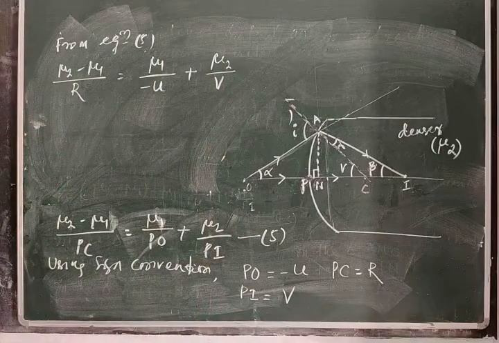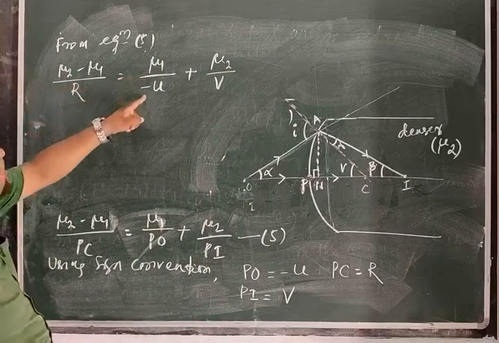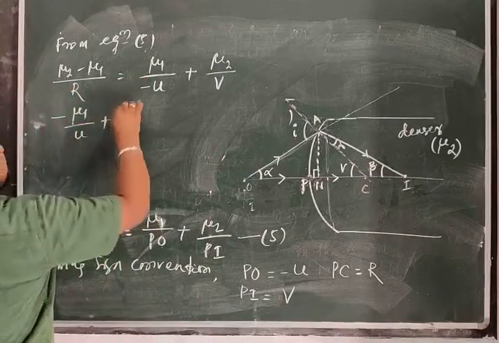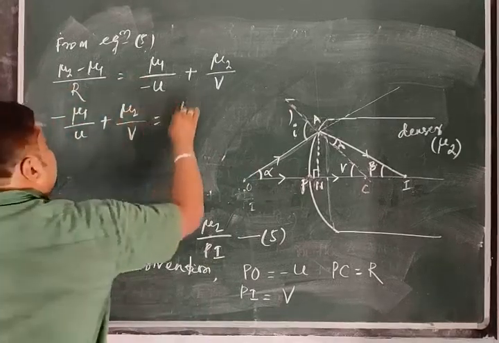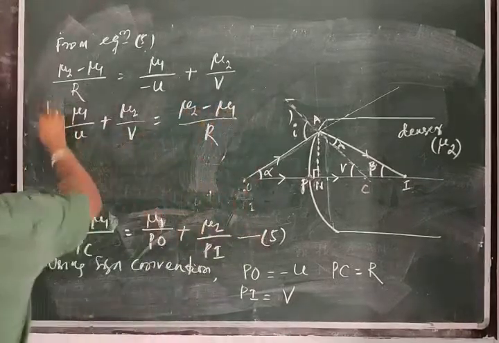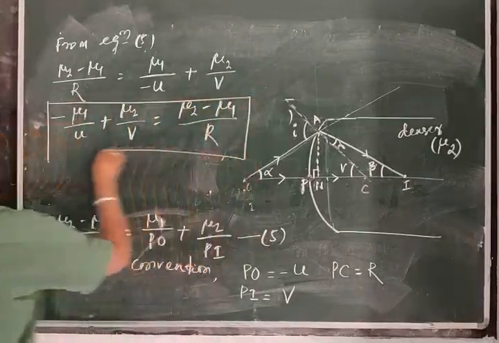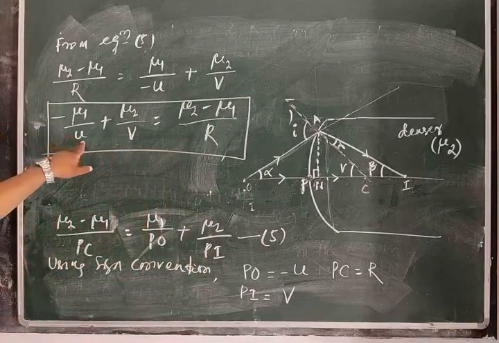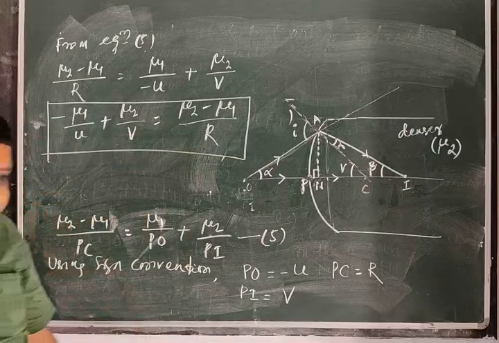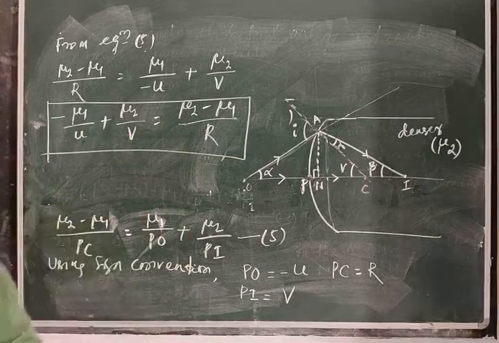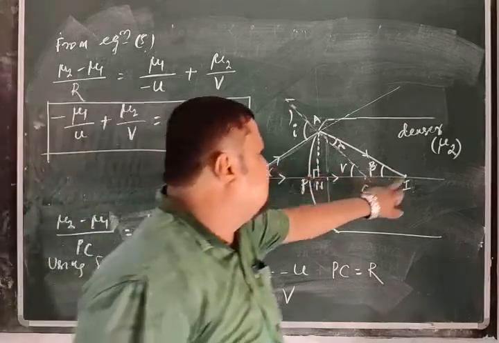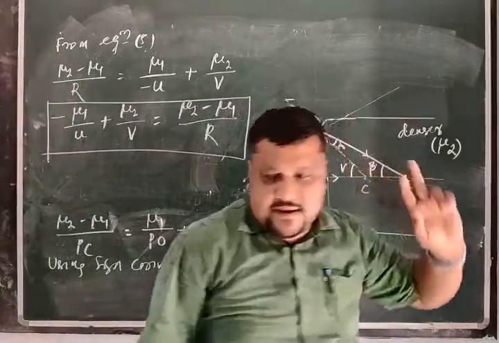So we get mu2 by v minus mu1 by u is equal to (mu2 minus mu1) by R. This relation relates object distance, image distance, and radius of curvature for refraction at a convex surface. The object lies in the rarer medium, and the image formed is real.